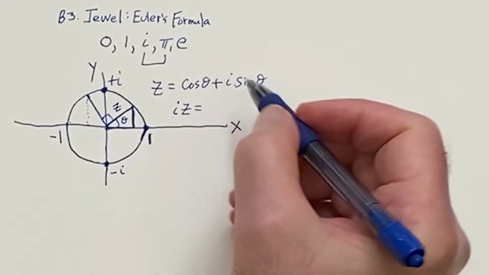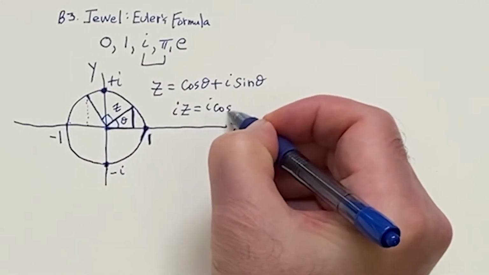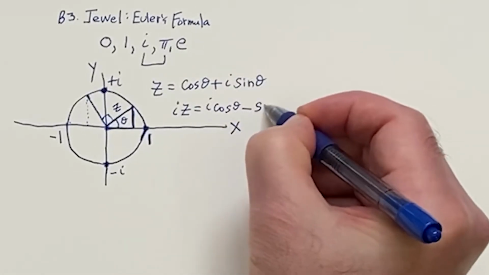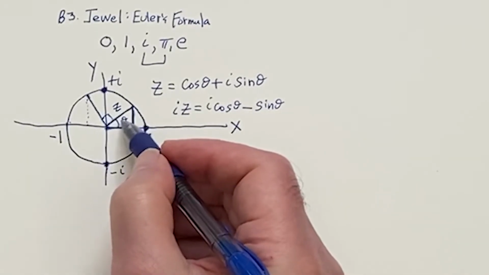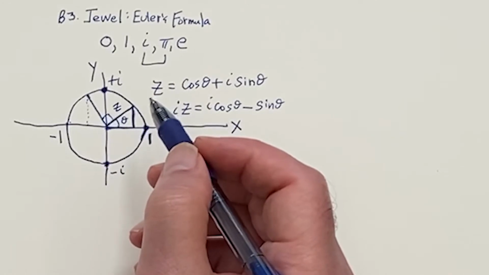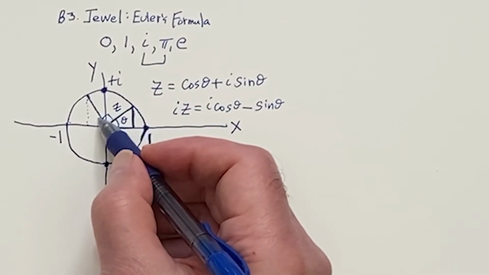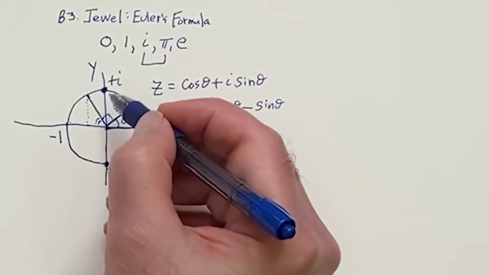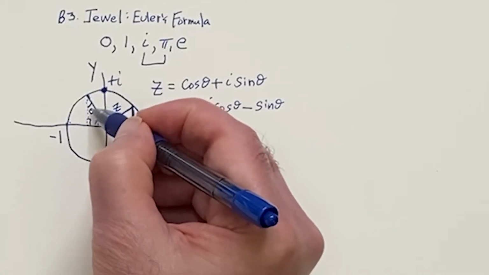Well, let's see. If you take i times z, you'll have i times the cosine of theta, and then minus the sine of theta. If this is theta and that's a right angle in there, then this other angle is a complement to theta. And since that's a right angle, this has to be a theta up in there.